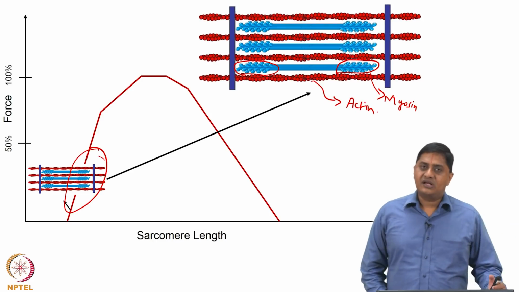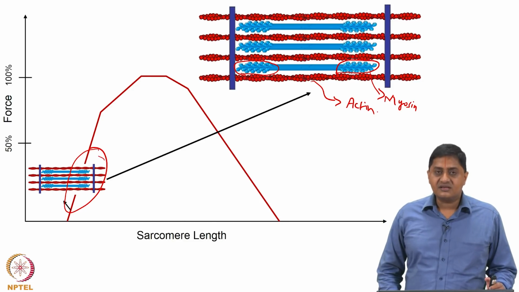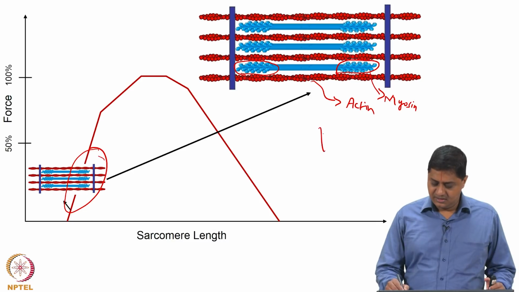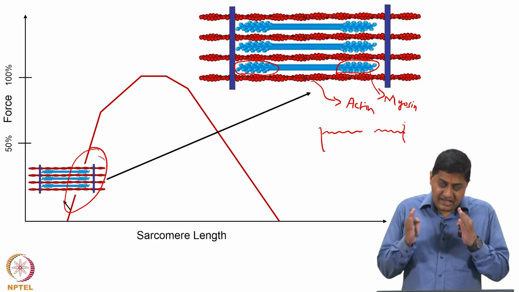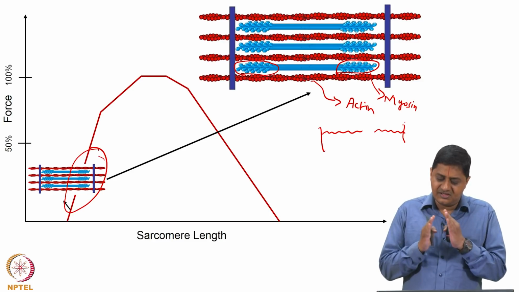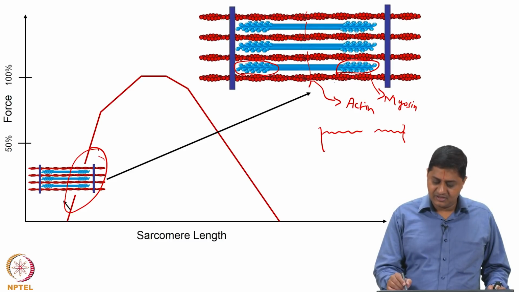In the classic model of the sliding filament theory or the cross bridge theory, we saw that actin is hanging in from one end and hanging in from the other end, they do not actually touch. But when the length becomes too short, then what happens? Actin starts overlapping with each other. So, approximately here is the end of one actin filament and the other actin filament, but they both start overlapping, producing an overlap here.